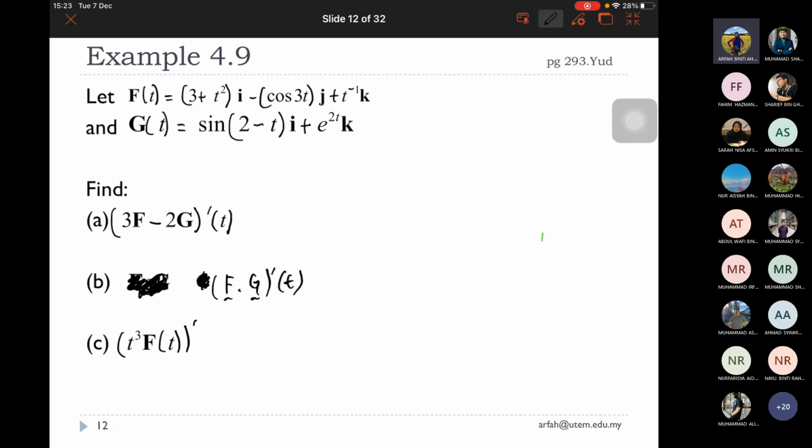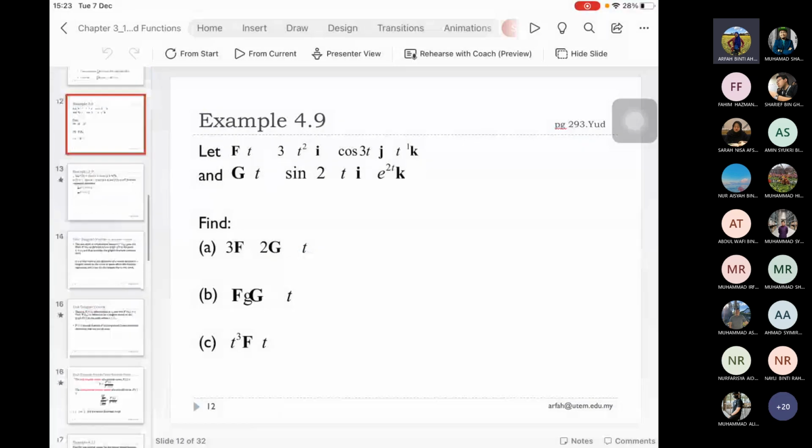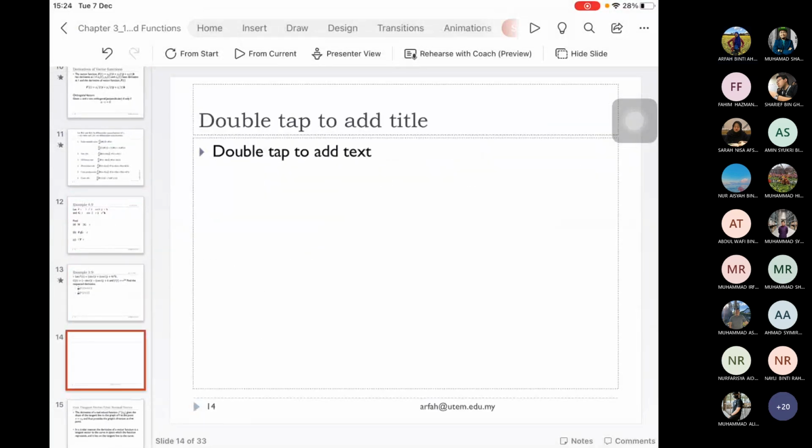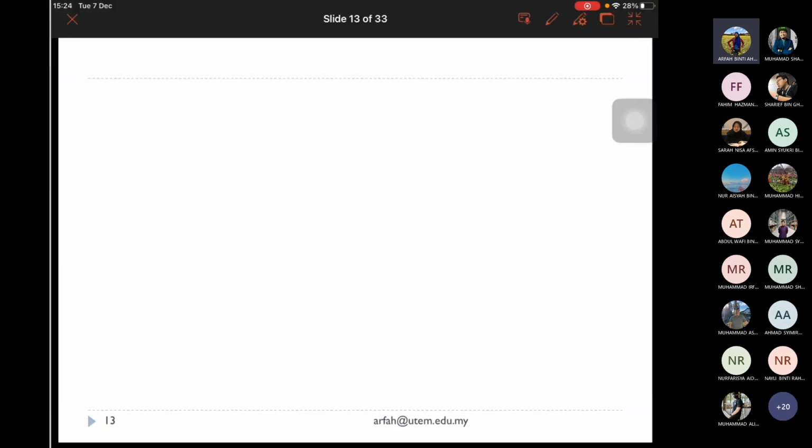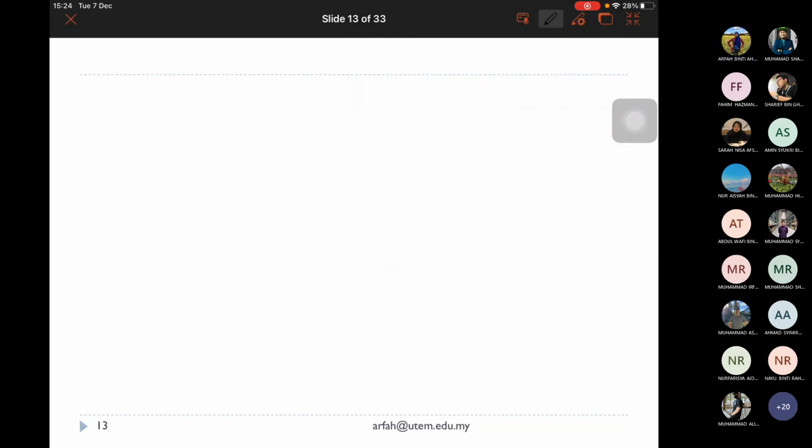Cuba buat the first one. Okay, let's try one by one. 3f tolak 2g prime. So I want to discard and put in the new slide. Okay, for the first one, saya ada vector f of t sama dengan 3 tambah t squared i tolak dengan cos 3t j tambah dengan t tolak 1 k.